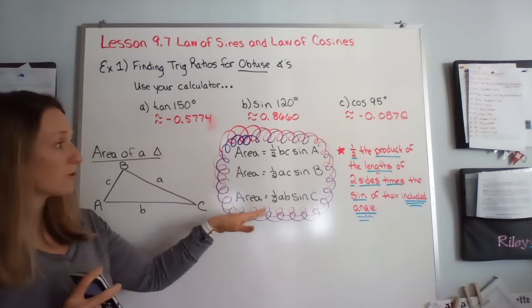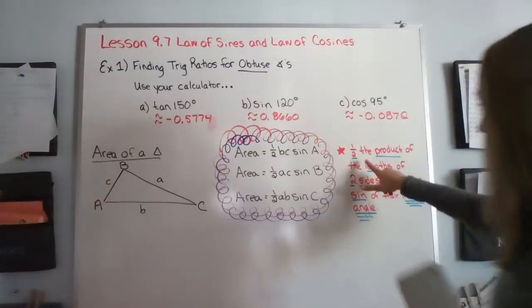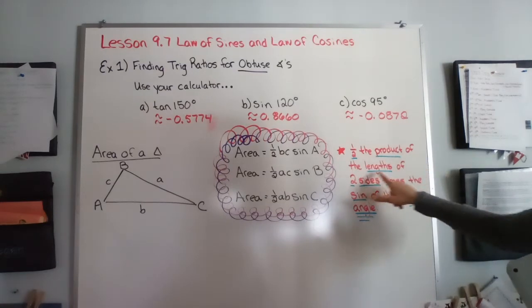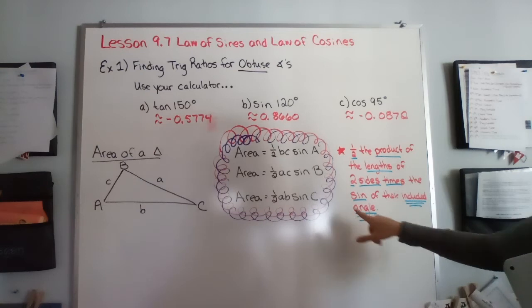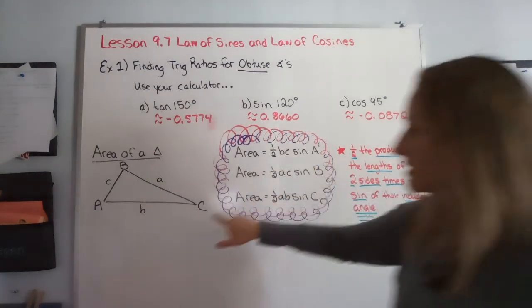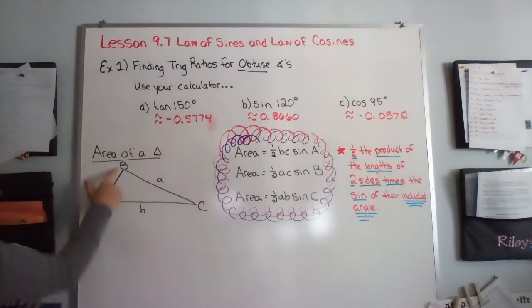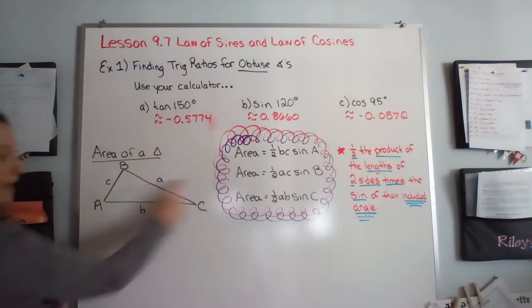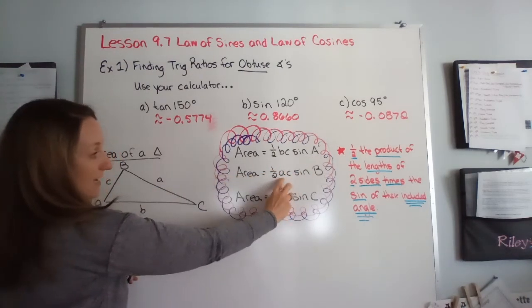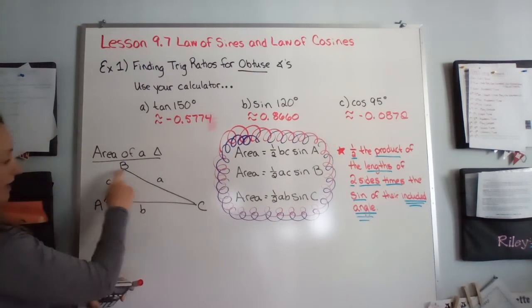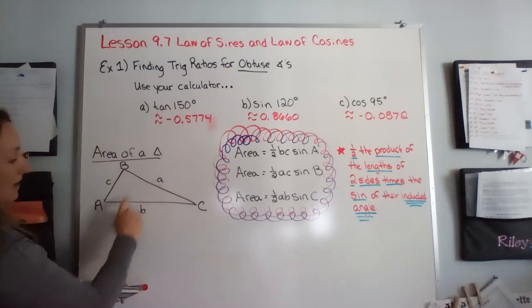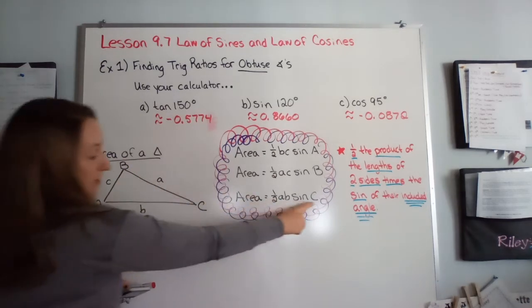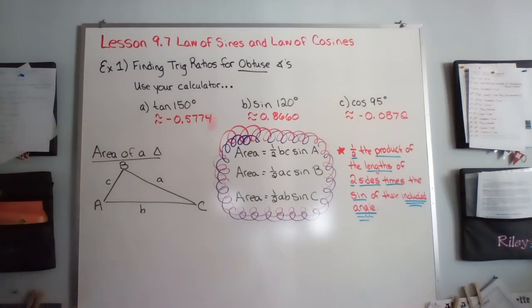All right, so these formulas are 1/2 the product of the lengths of 2 sides times the sine of their included angle. Here's side B and here's side C, with included angle A. The next formula, sides A and C, and included angle B. And then sides A and B and included angle C. So that's another way to help you remember the formulas.